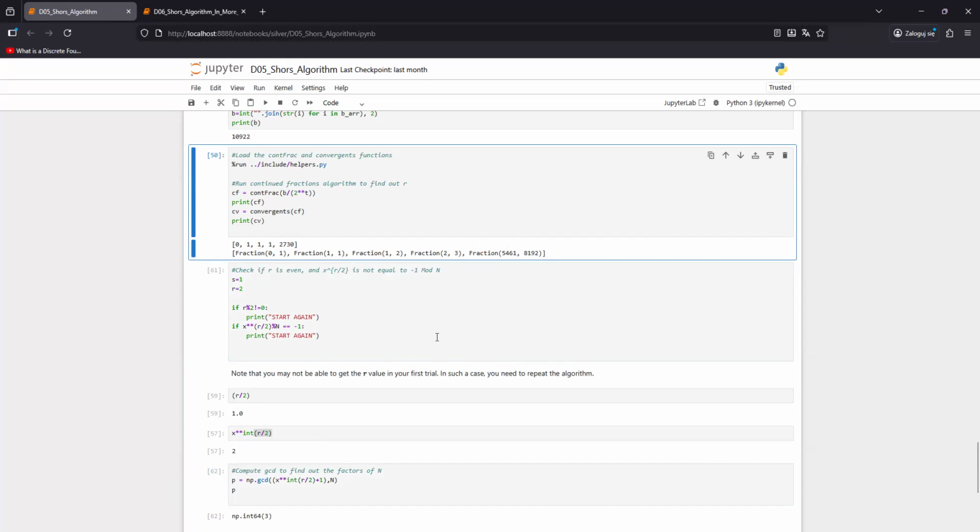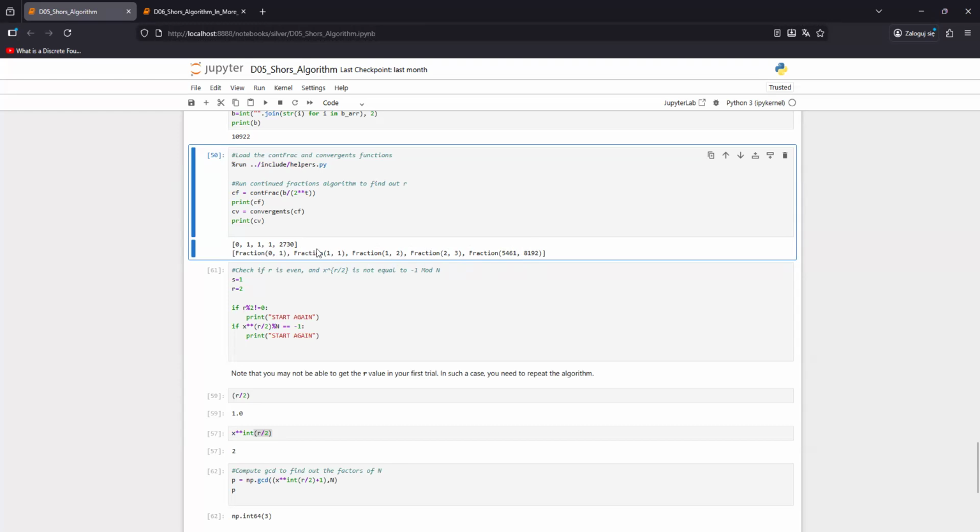But as you can see in my case, it didn't help because here I have R equal to 3, which is not even, and this number was too big to compute on my personal computer. But maybe it is correct. I don't know. Maybe this convergent 2 was not accurate enough.